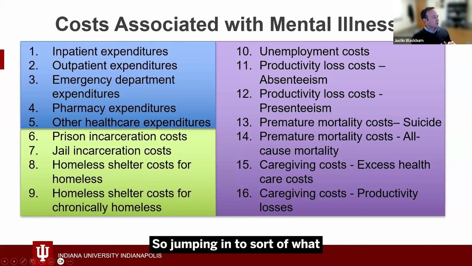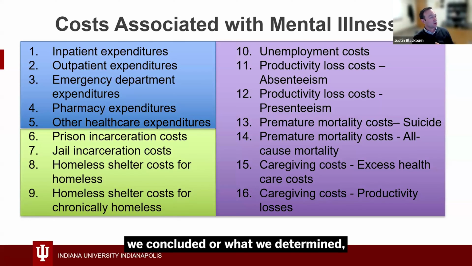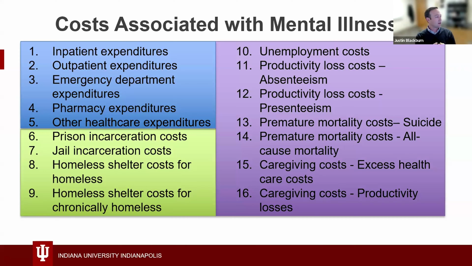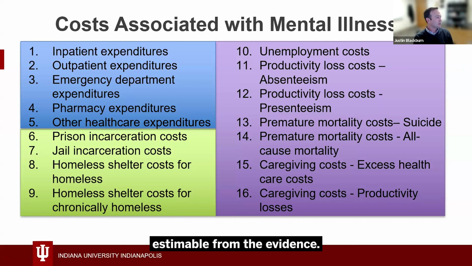And so, jumping into what we determined, these were the 16 areas of cost that we found to be really estimatable from the evidence. I've broken them down into groups. The blue section there is direct healthcare expenditures.